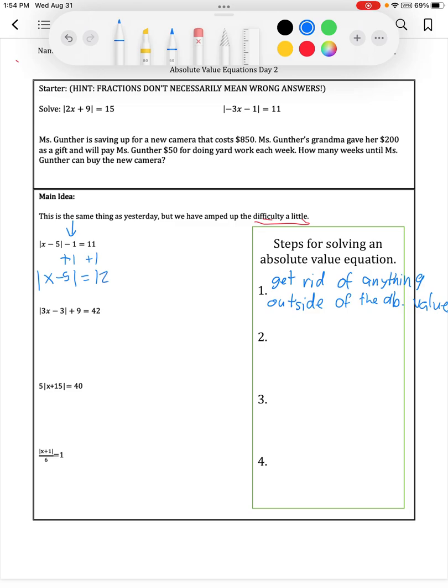From here, we're going to break into 2 equations. One positive, one negative. Same thing that we did from here on out as yesterday. So it's going to be x minus 5 is equal to 12, and x minus 5 is equal to negative 12. From here, we solve.